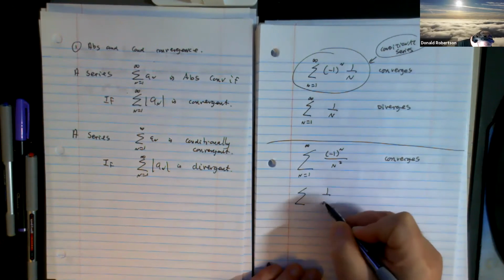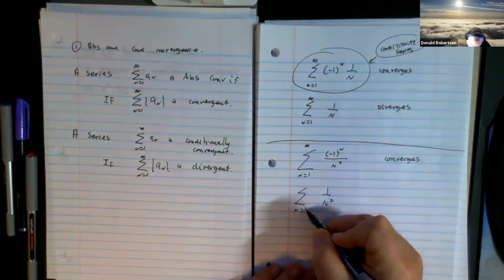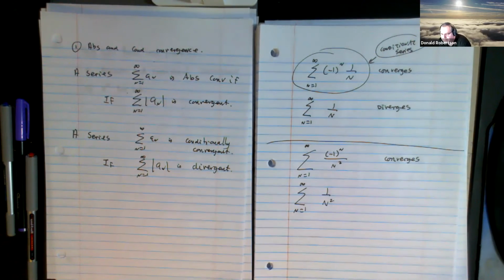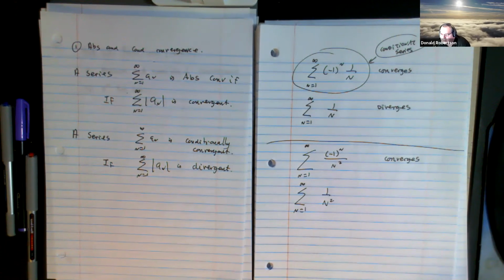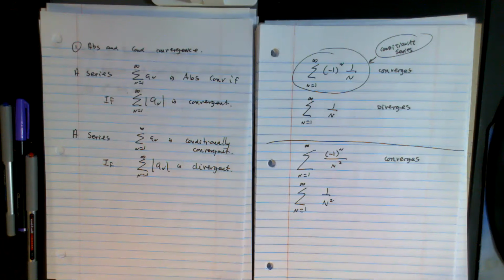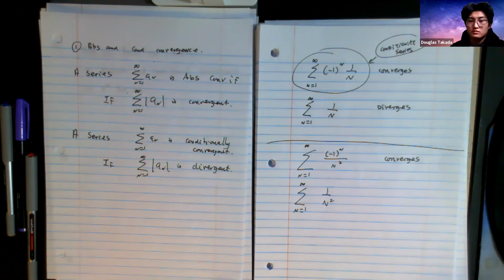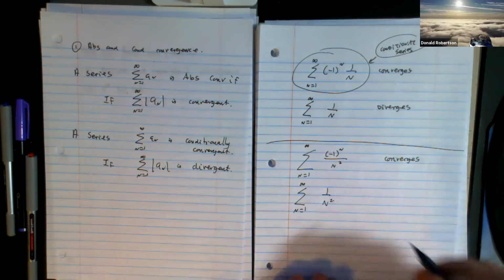Now, if I make everybody positive, do you recognize that series? It's a whole family of them. You remember what the name is for all the guys that look like that? Geometric. No, not that one. Harmonic. It's got a letter P in it. P series. It's called the P series.